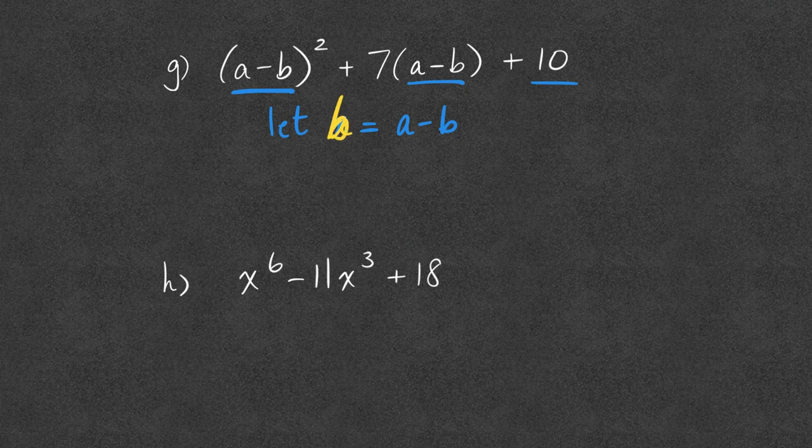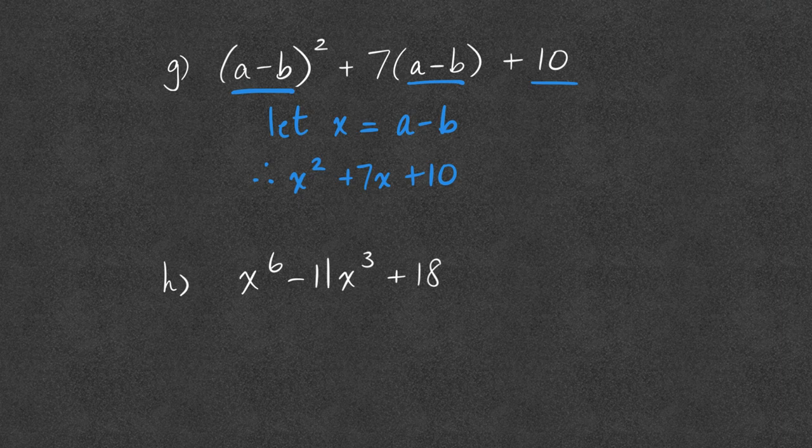Or let b equal, same issue. So when I picked x, I just wanted to pick something different. Look what happens when I now replace all of my a minus b's with an x. And you see that you actually have a simple trinomial.